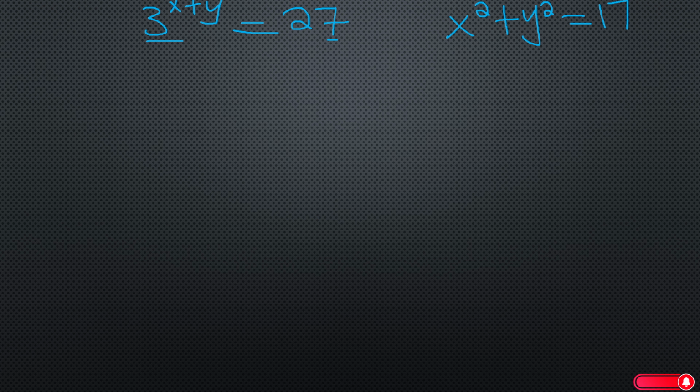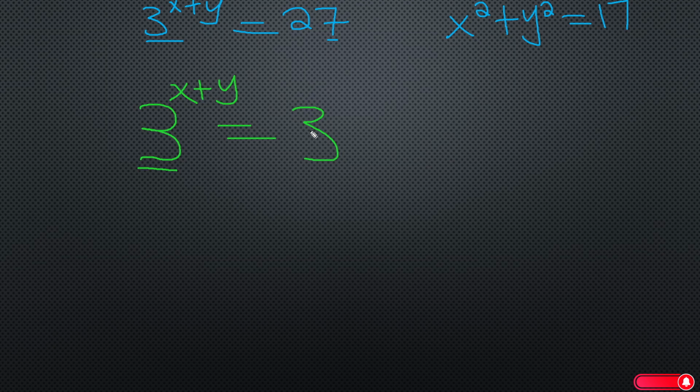So what you should do is make sure that as you have a 3 as a base to the exponent x plus y, you try by all means to make the base equal to the base on the right hand side. Try to simplify it to that level so that you can actually deal with this type of equation.